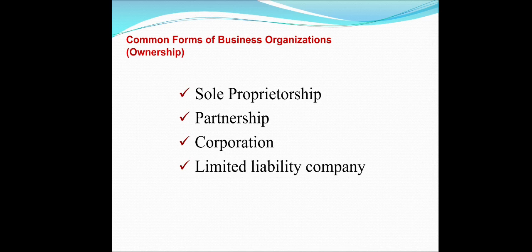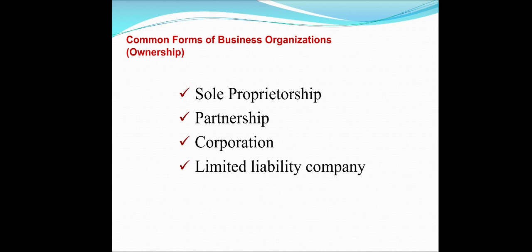Okay, in this lecture, we will see another category of businesses. Businesses also can be categorized in terms of ownership. See this slide. If we look at businesses, we can categorize them according to the type of ownership into 3 big categories.